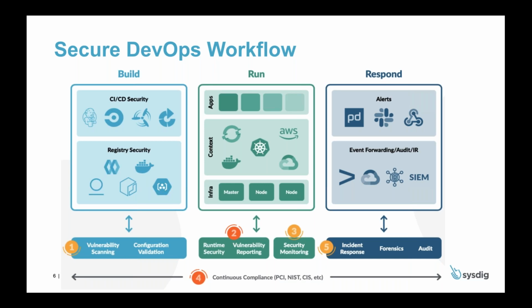But also ensuring that you have the right runtime security in place, both detection and prevention, and also security monitoring to continuously catch drift or new zero-day vulnerabilities or other anomalous activity at runtime. And finally, responding to alerts and having forensics audit mechanisms to detect and respond to breaches is something that's important as well. So embedding the security across this lifecycle is what we call a secure DevOps workflow.